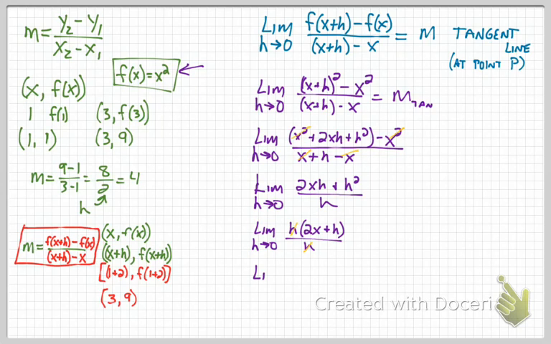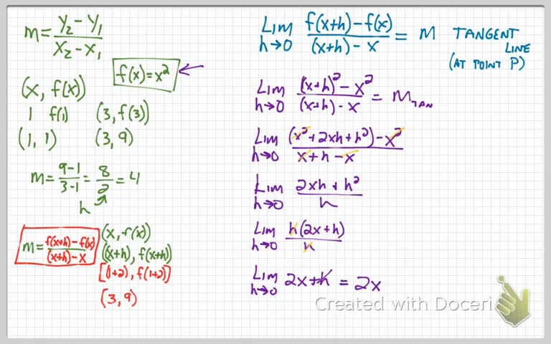The limit as h approaches 0 is 2x plus h. All right, so now if we plug in our 0, we're going to see that the h is going to cancel out, and we're going to be left with 2x as our limit.